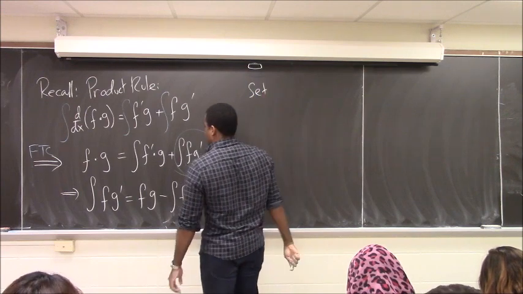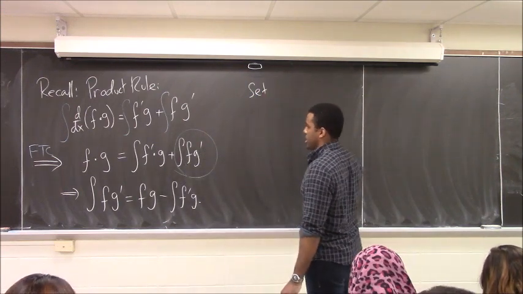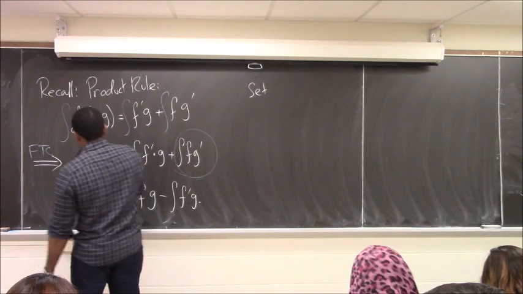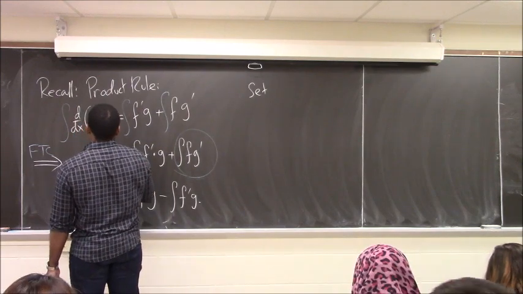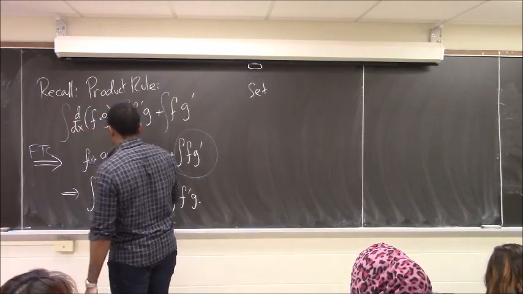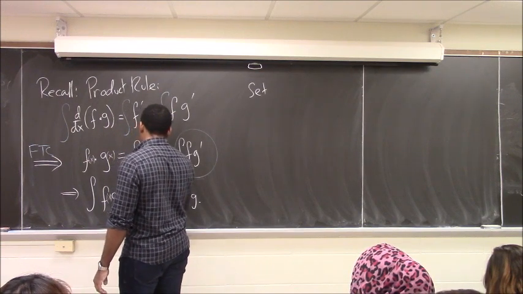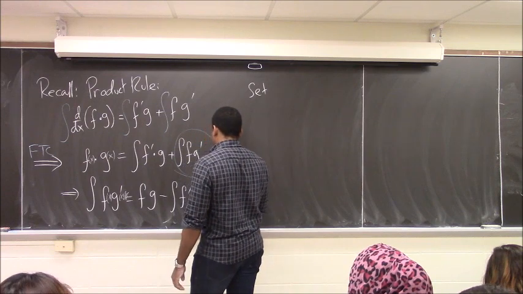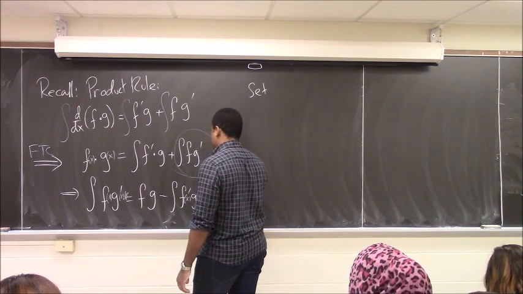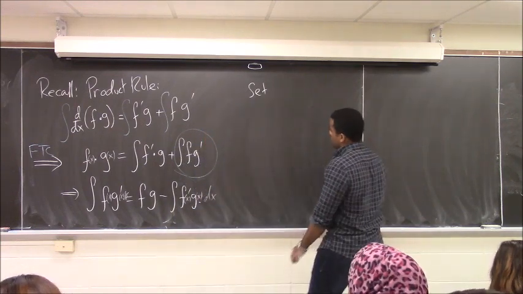Customarily, we use variables to represent these guys. And again, here you can think of this as f of x, g of x, and then we're doing f of x times g prime of x dx. And this would be, I'm just being lazy, I'm not writing down, but the variable you can think of as x.